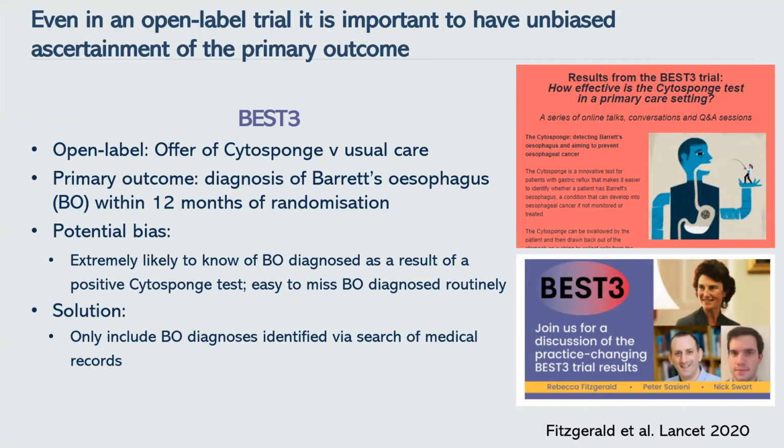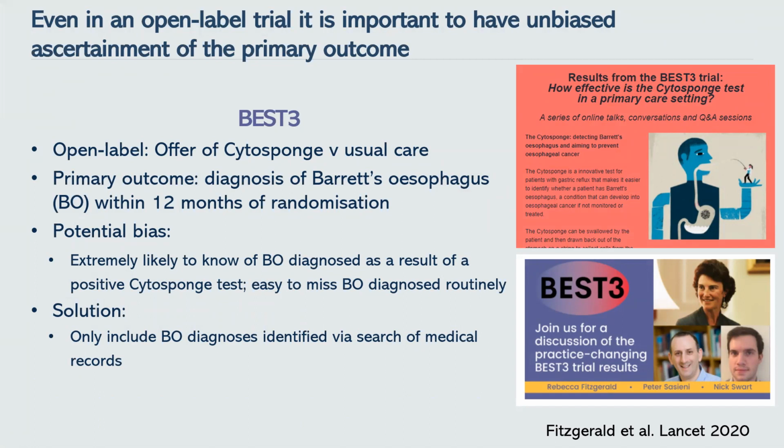Now, there was going to be a problem with that, because if someone was randomized to the Cytosponge test and had a positive test, they would then get referred to endoscopy, and that endoscopy would likely take place in the same hospitals. So the team would know this patient had a positive Cytosponge result, they were in the study, and we would be pretty certain of knowing about that Barrett's esophagus diagnosis.